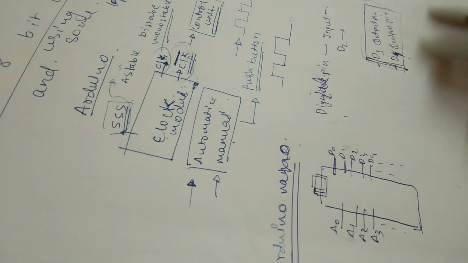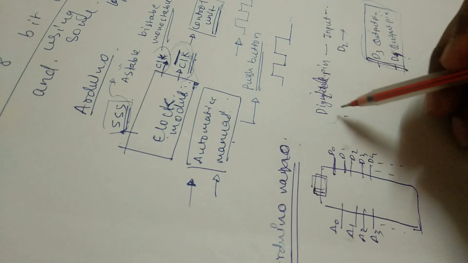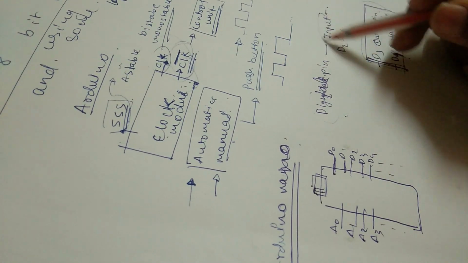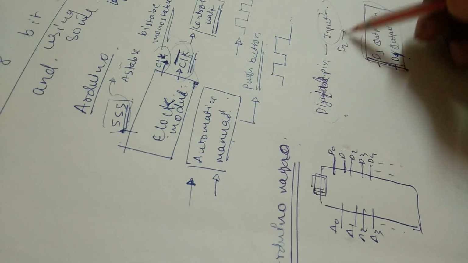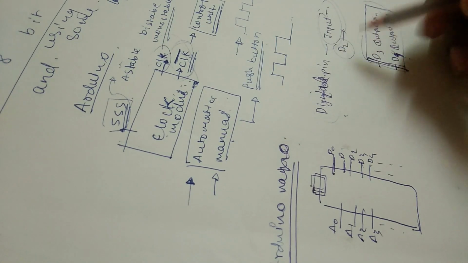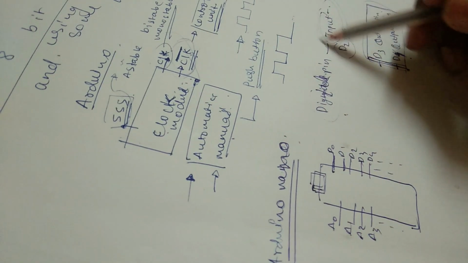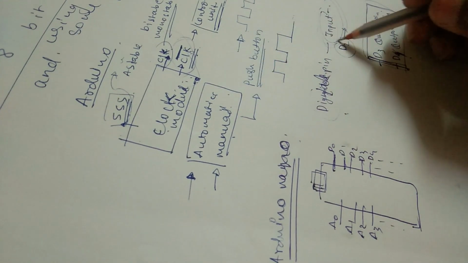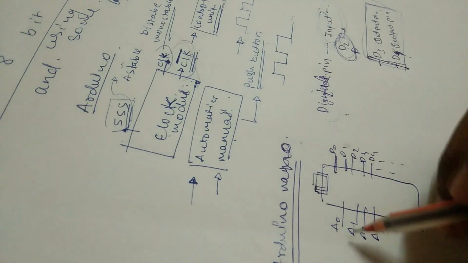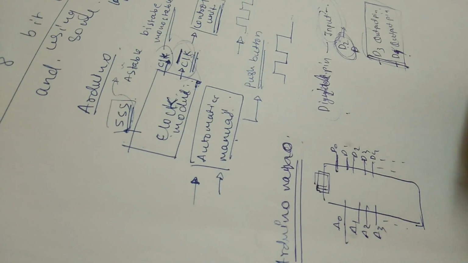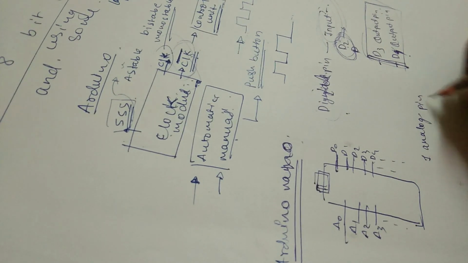Now the second part is the digital pin as input. Why will this pin be an input? As we discussed here, we need a manual control also. So for the digital pin, a push button will be used for manual mode. Here we will also need one analog pin as an input pin.